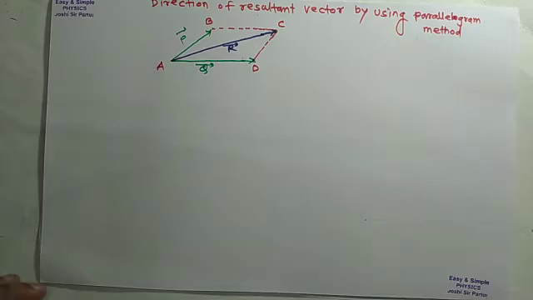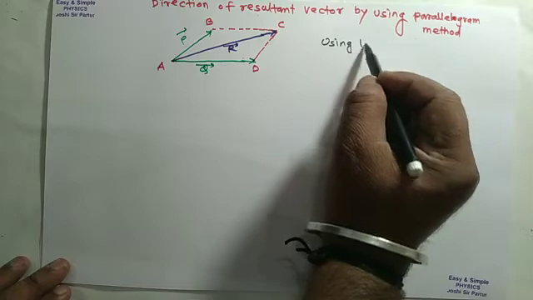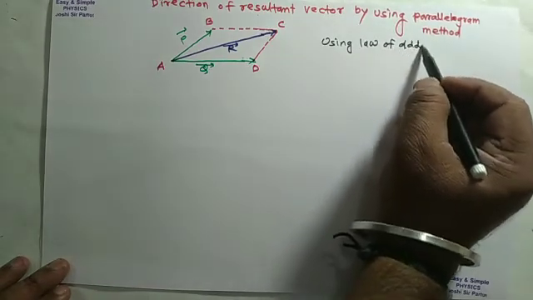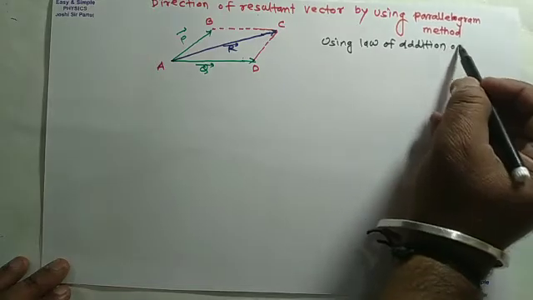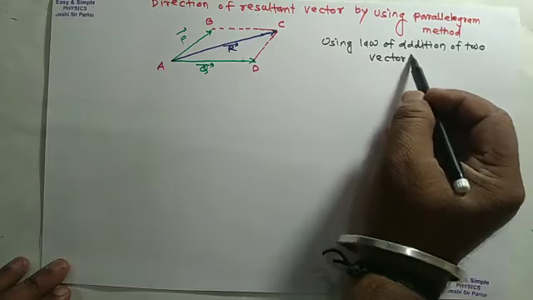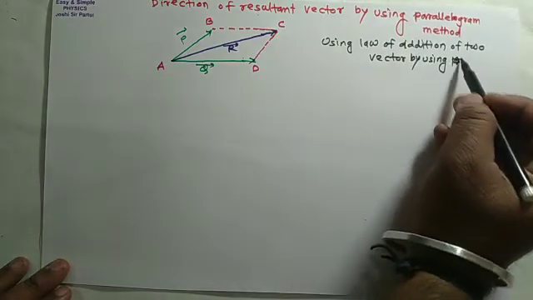In this parallelogram, we can find the direction of the resultant vector using the law of addition of two vectors by using the triangle method.